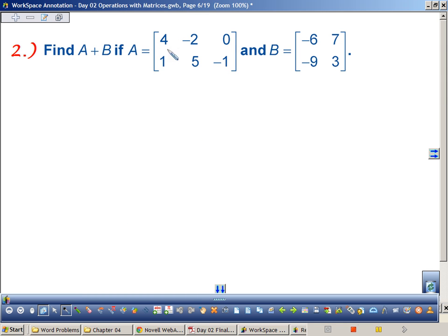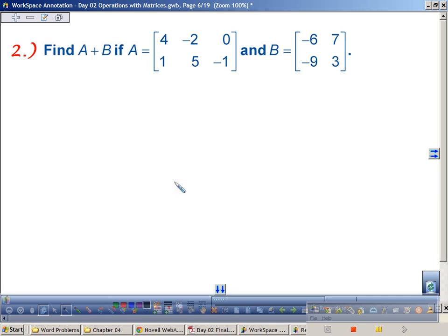Find A plus B if A equals 4, 1, negative 2, 5, 0, negative 1, and B equals negative 6, 7, negative 9, and 3. What do you think? How do you do that one?